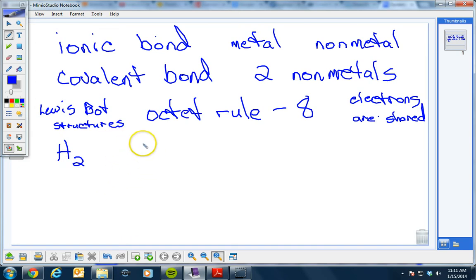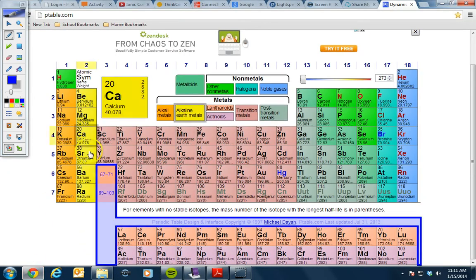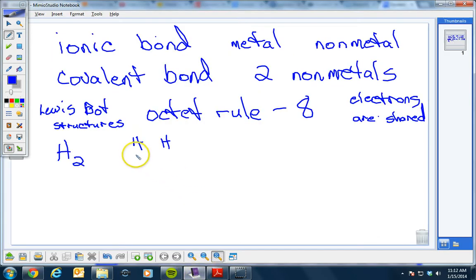What we do here is we want to know how many valence electrons those have. We have two hydrogens. We just said by going back and looking at the periodic table, hydrogen has one valence electron. So when we add those up, each one has one.